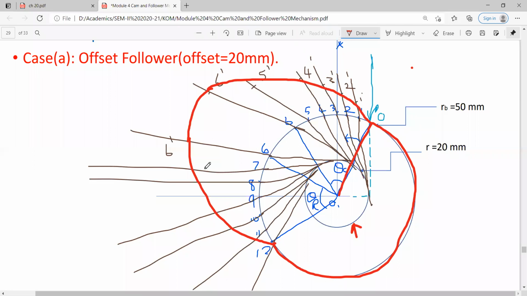Once you obtain all these points, you join them with a smooth curve, and use the compass whenever there is a chance. Then your cam profile is ready. This is the cam profile, shown in the red line.